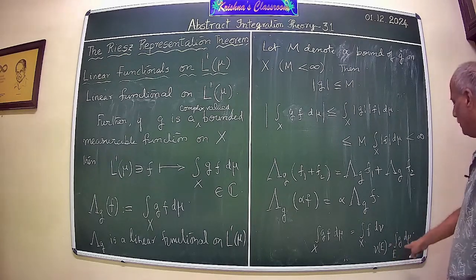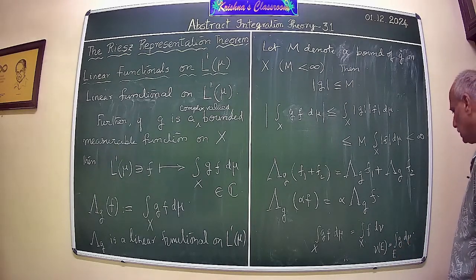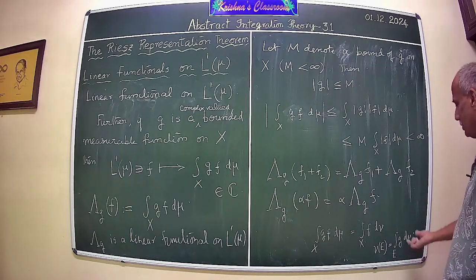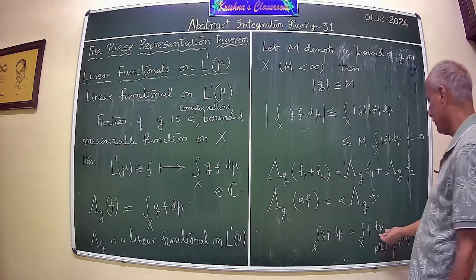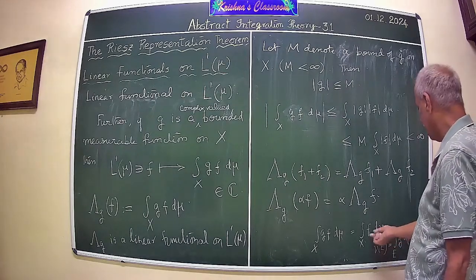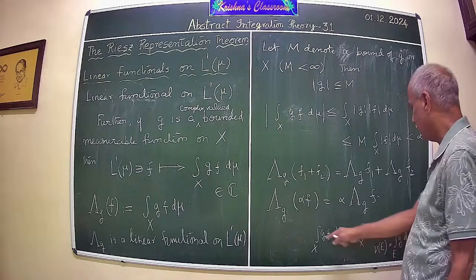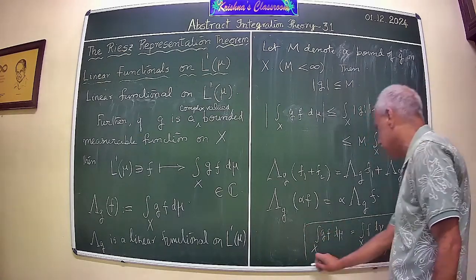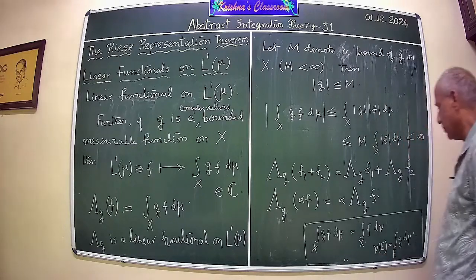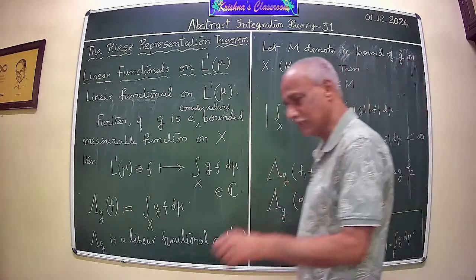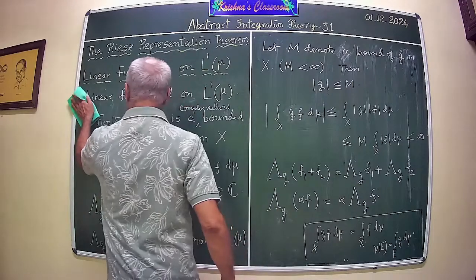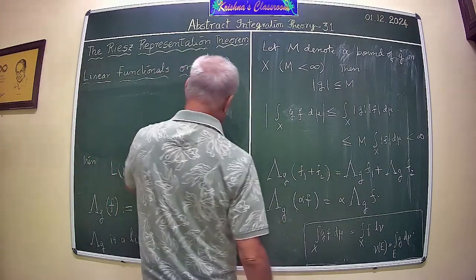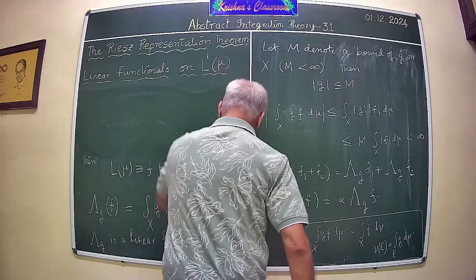Therefore, d nu will become g d mu. These are all things that we have already looked at, and therefore this d nu can be replaced by g d mu, and you get the integral. So this is how g generates a measure. So see that you can associate g with, and we have already seen that mu defines a measure.